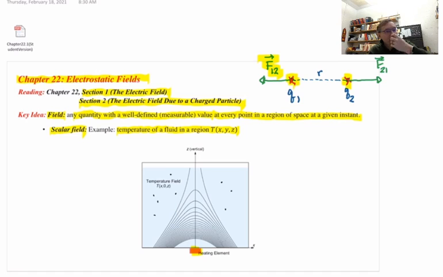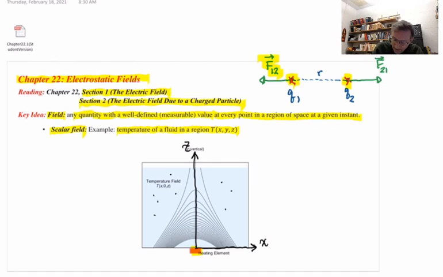To tell you the location, I've got to tell you the coordinates, so I need a set of axes. The origin was at the heating element, with an x-axis going to the right, a y-axis going into the screen, so you can't see it in this side view, and a z-axis going vertically up.